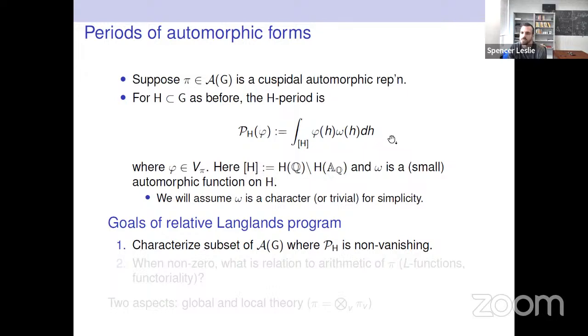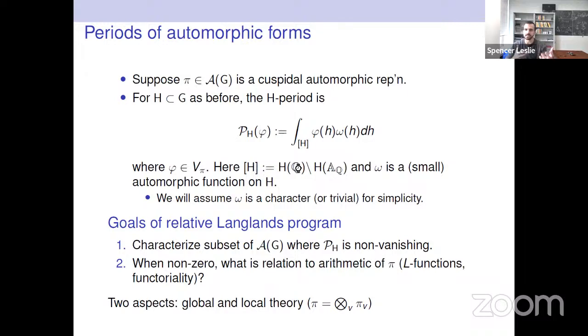And once we have that, we would also like to understand the actual values that you obtain. So the relationship between these periods and the arithmetic invariants of pi. So these could be L functions, special values of L functions, or maybe relationships with functoriality. And the field tends to have two aspects that I'll try to explain in the next slide.